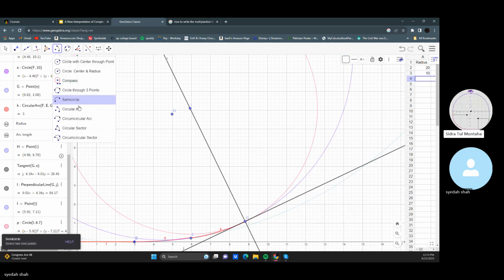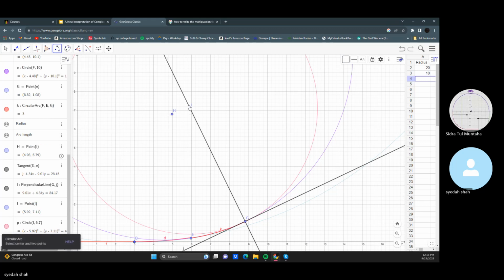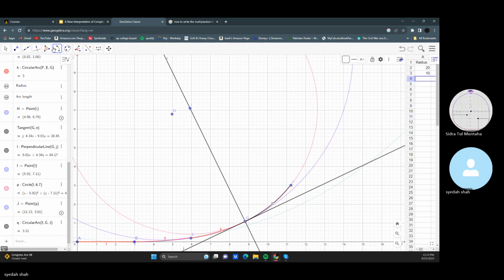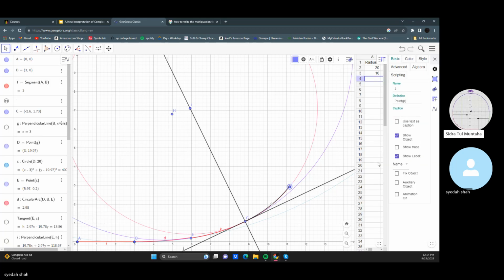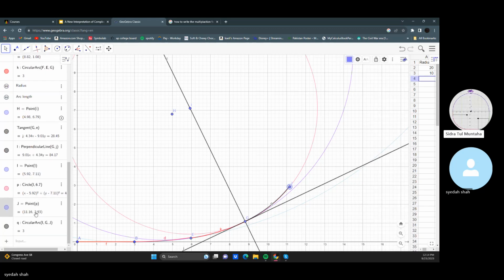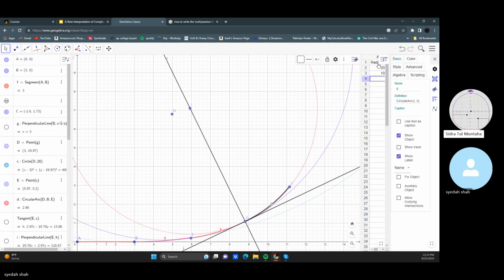You can move this point G. Yeah, it's fine. Yes, perfect. Now you can change the color of this arc length and fix the point J.